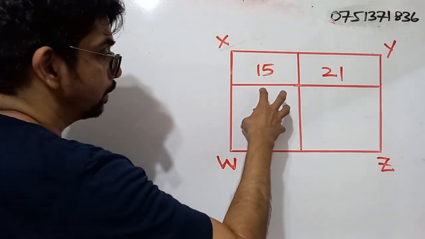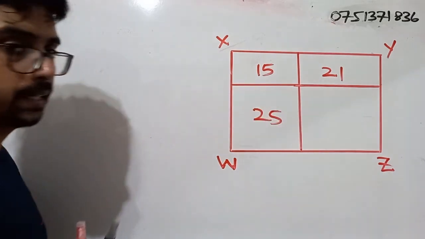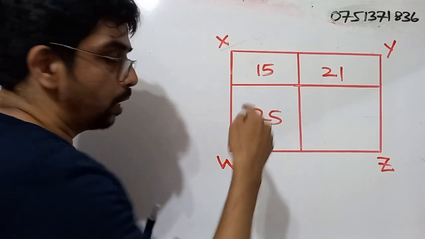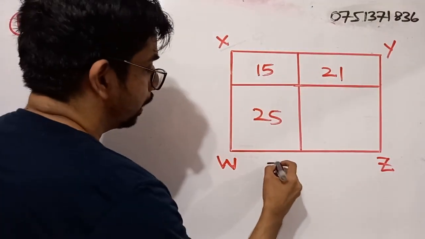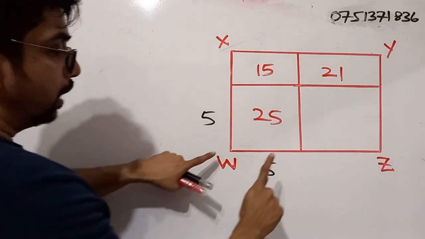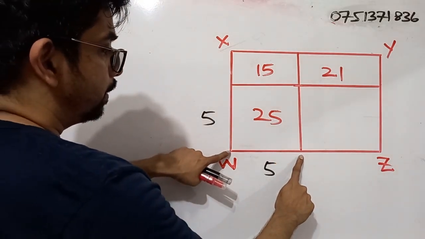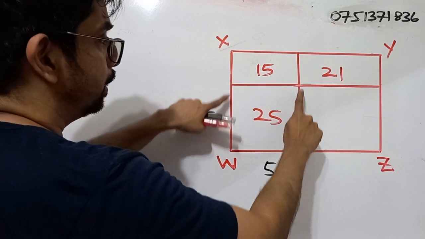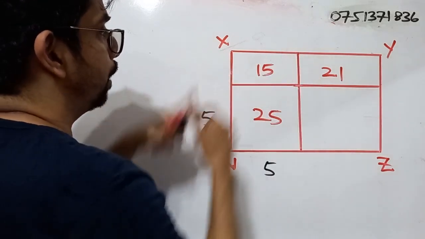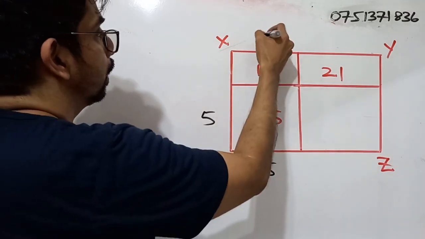So we can assume that this part is that square part. So the area is 25. So we can say the length and the breadth is what? 5. By considering the symmetry, if this length is 5 feet, this length is also 5 feet. That means this length is also 5 feet. Right? 5.